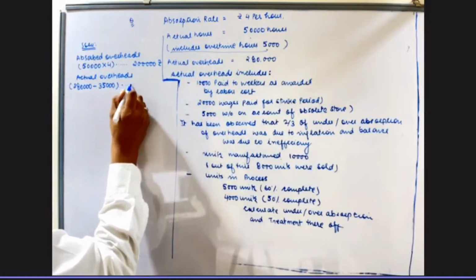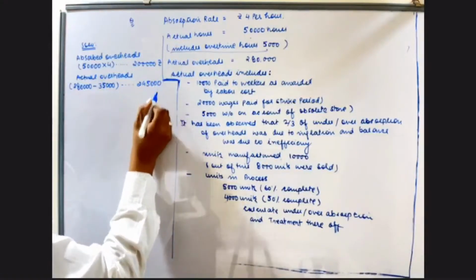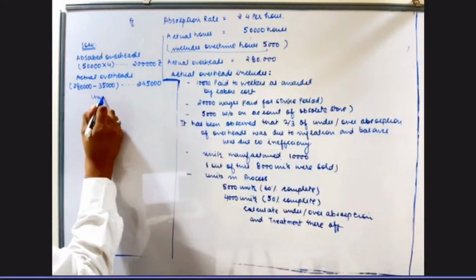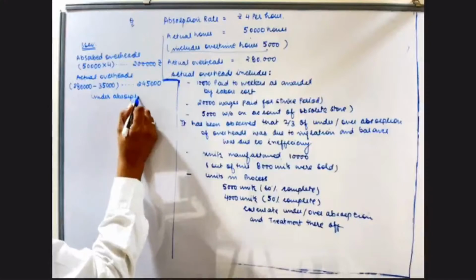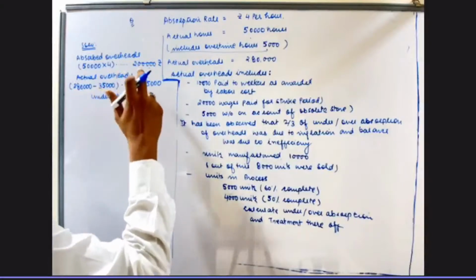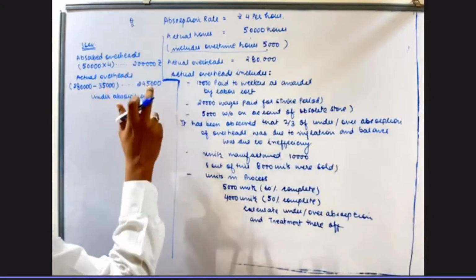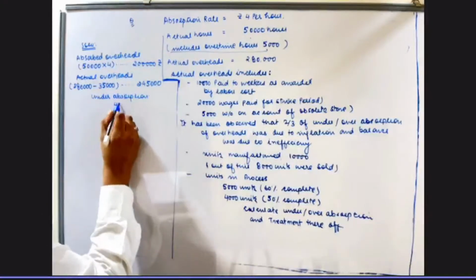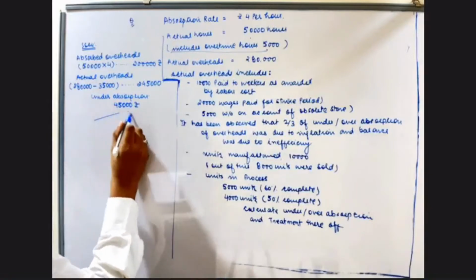Therefore, my actual overheads will be 2,45,000. So there is an under absorption. Since my absorbed overheads are less than actual overheads, there is an under absorption of 45,000.